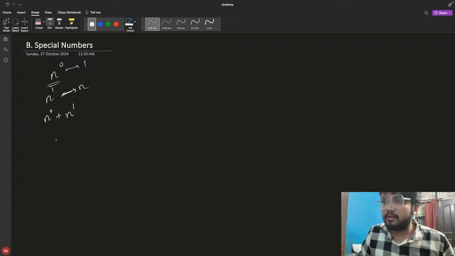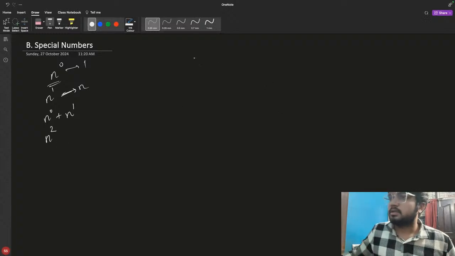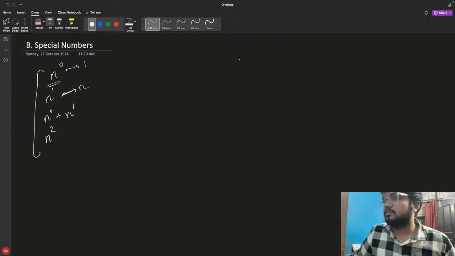Then we will have n square. Rather than taking n, let's just take some number, let's say n equals 4.